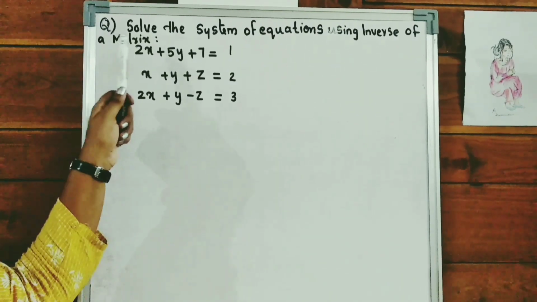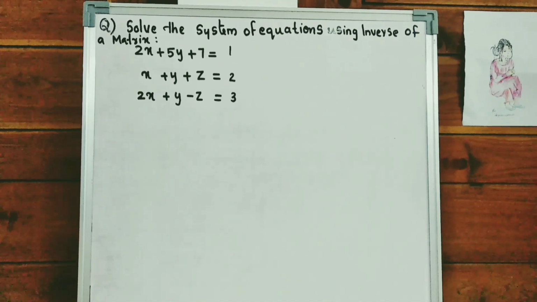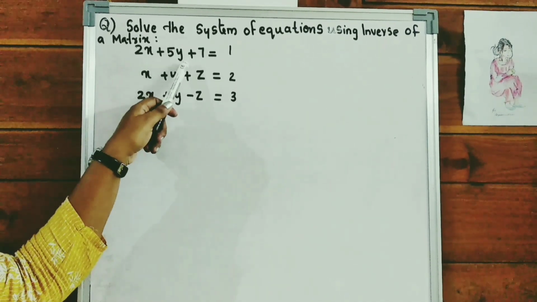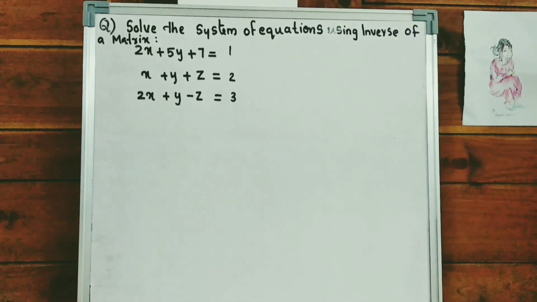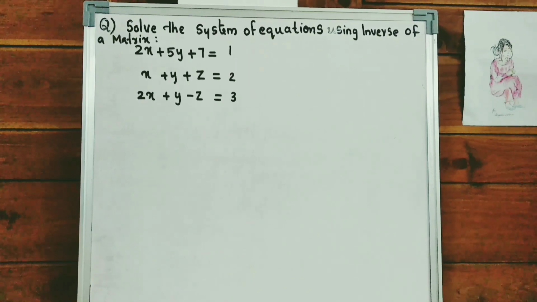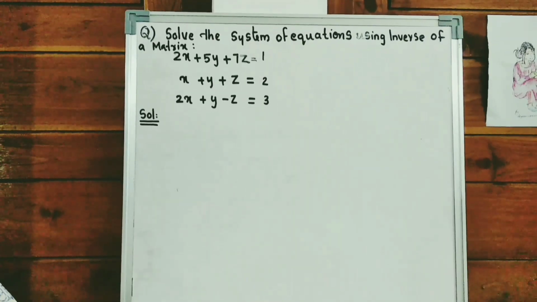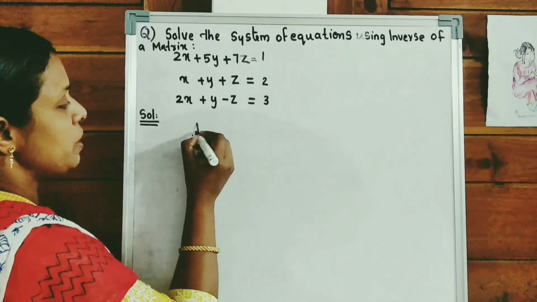Question: solve the system of equations using inverse of a matrix. 2x plus 5y plus 7z equal to 1. x plus y plus z is equal to 2. 2x plus y minus z is equal to 3. First we write this system of equations into AX equal to B form.